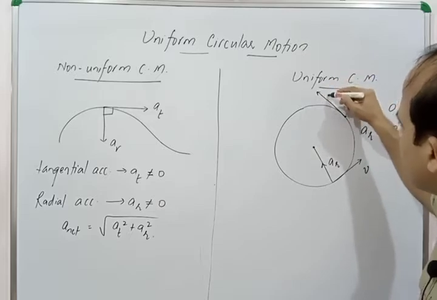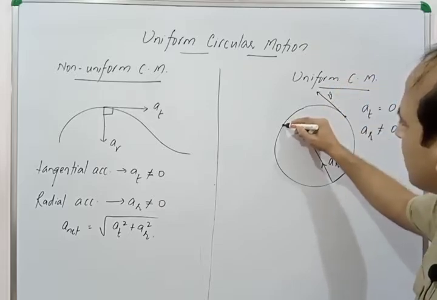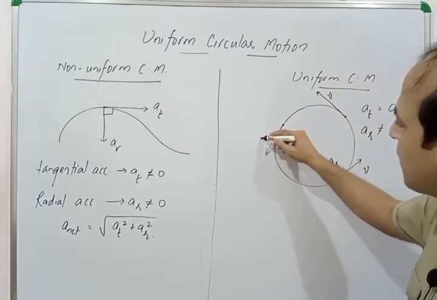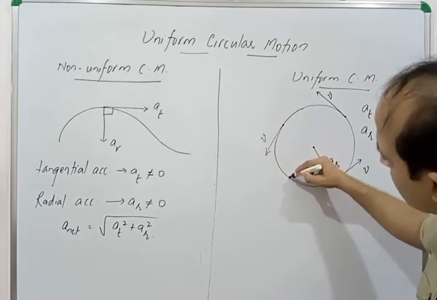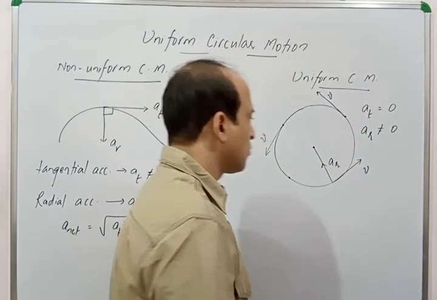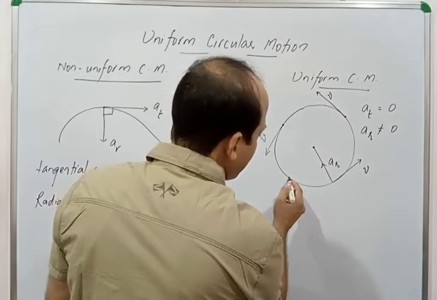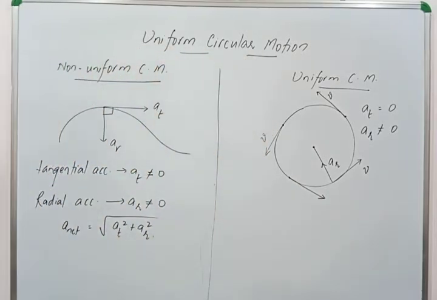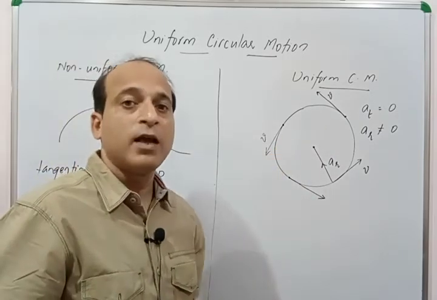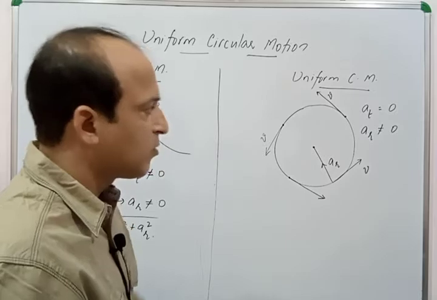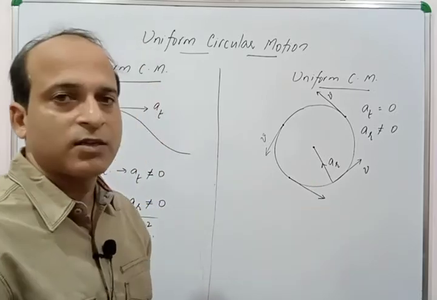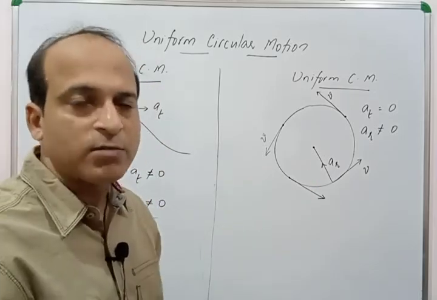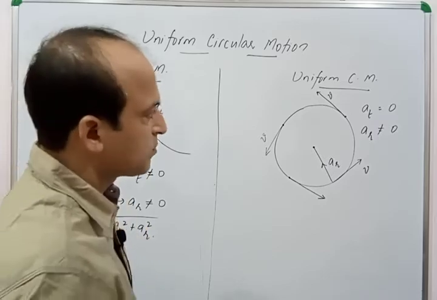Say the body is moving in anti-clock direction, so the magnitude of speed does not change. Tangential acceleration only changes the speed and nothing else. तो इस case में there is no tangential acceleration, therefore no change of speed, and the body will move with a constant speed. Velocity changes due to change in direction, and direction change is being brought about by this radial acceleration. So that is the basic difference between uniform and non-uniform circular motion.